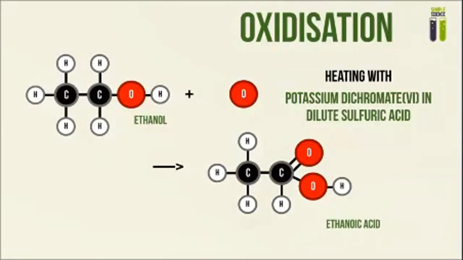This is another way in which we can oxidize an alcohol to form ethanoic acid. So these are the reactions of alcohols. And of course, there's another reaction that I listed previously called esterification. This is the reaction between carboxylic acids like ethanoic acid and an alcohol like ethanol.